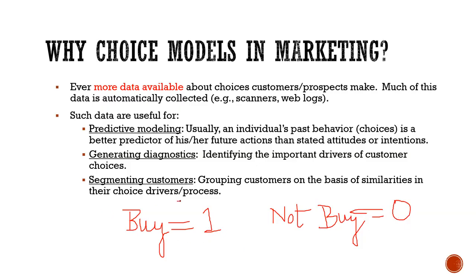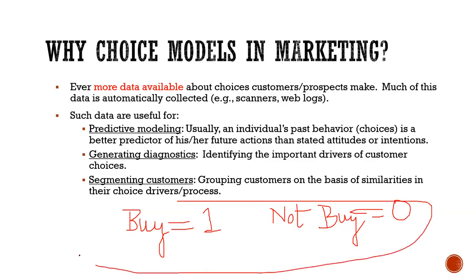Now, these kind of instances, because they are very common in our daily lives, this type of data is very easily available. For example, the scanners, the web logs, did you visit a site or did you not visit the site? All these types of data are easily available. This is called choice data.